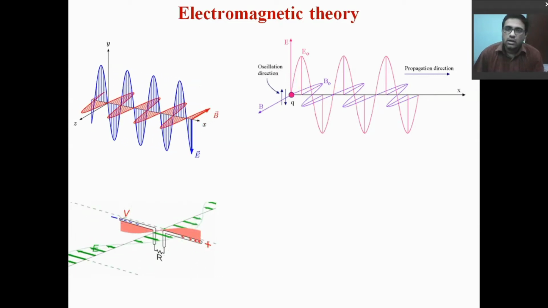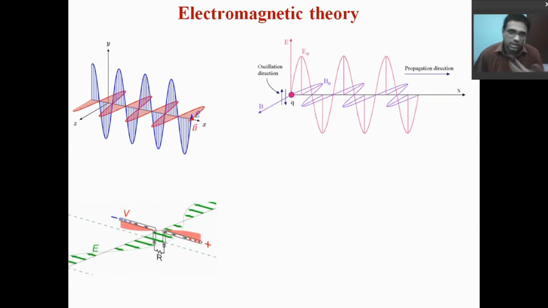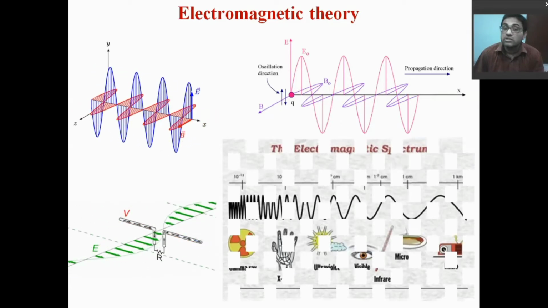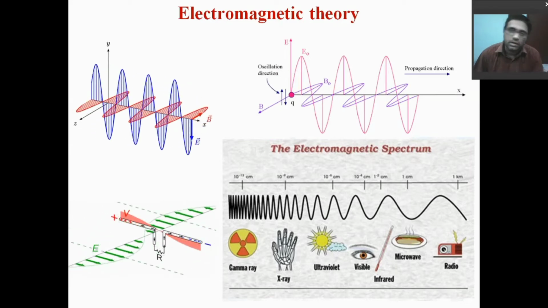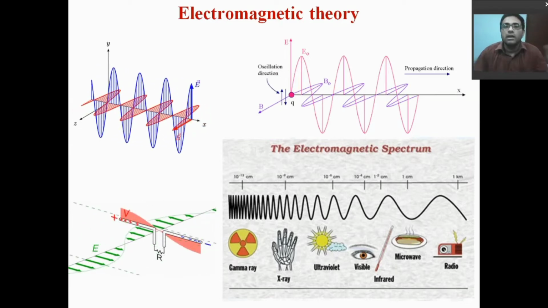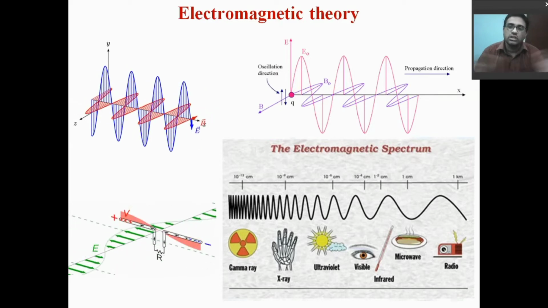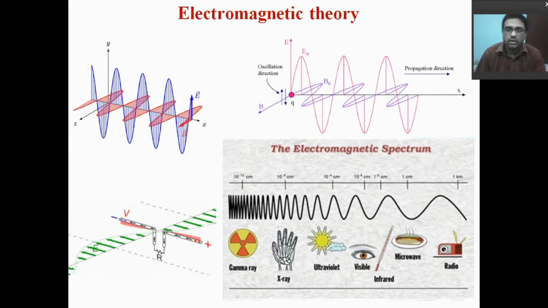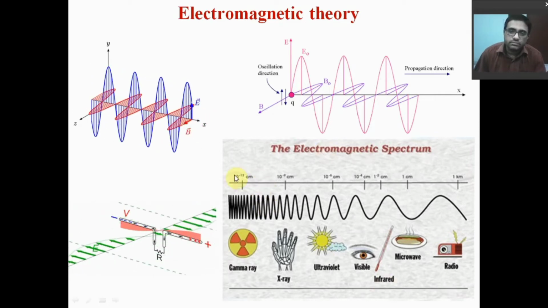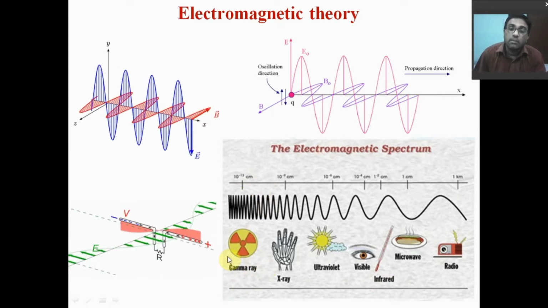Now, what is the wavelength of an electromagnetic wave? There is not a single wavelength associated with the electromagnetic wave. There can be multiple wavelengths, and this is called the electromagnetic spectrum. On the lower side we have the gamma ray.